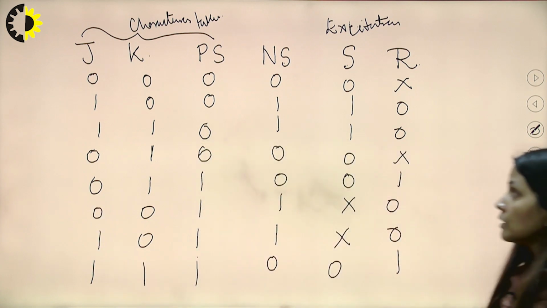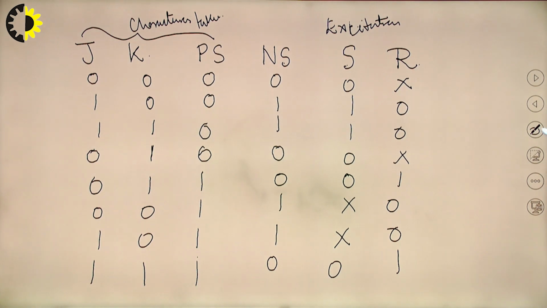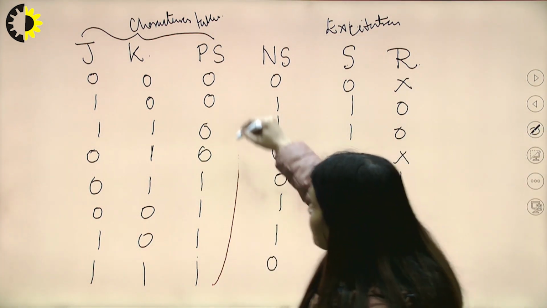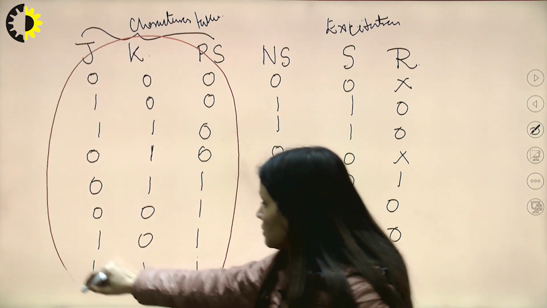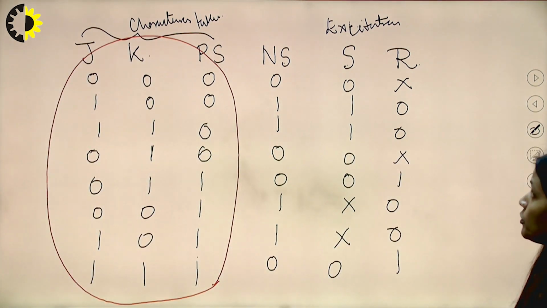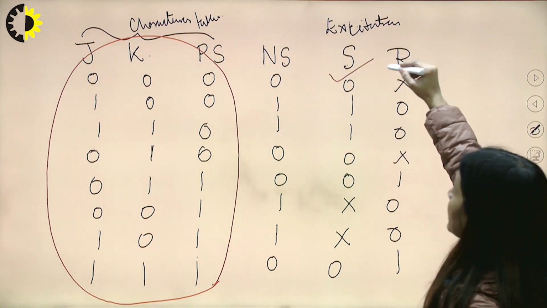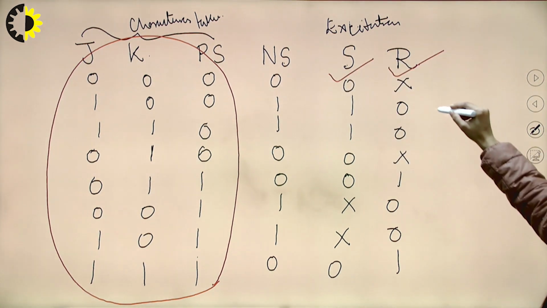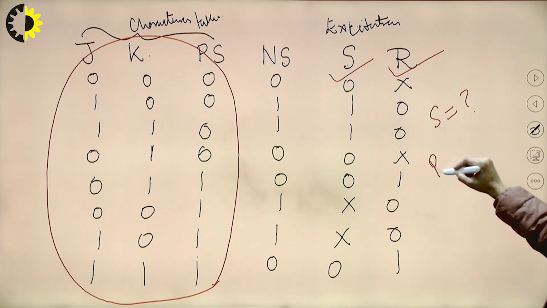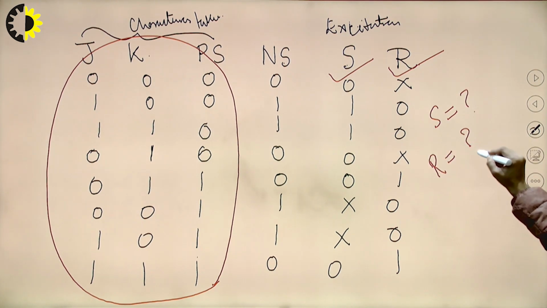Okay. Now the next step is to take the 3 inputs as input variables and find the output for S and R. Okay, you need to find S and R.